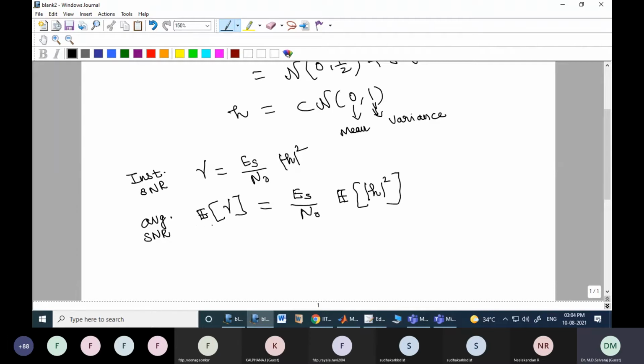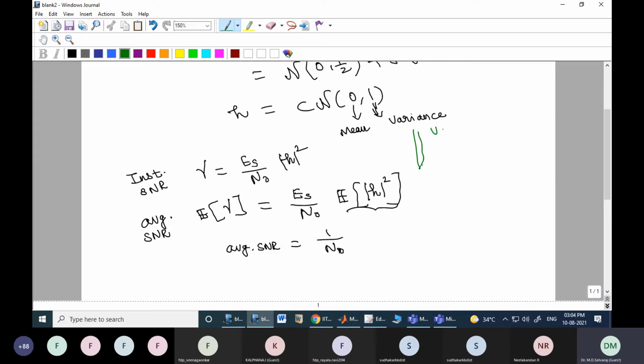Therefore the average SNR which we are running in the loop is equal to Es, which is 1, over N naught, where N naught is the average noise variance. We need to set the average noise variance, and the expectation of mod H square. This part I have to write separately.